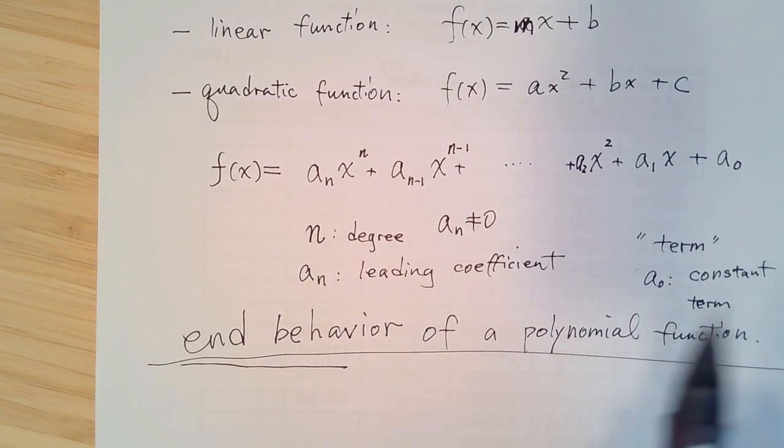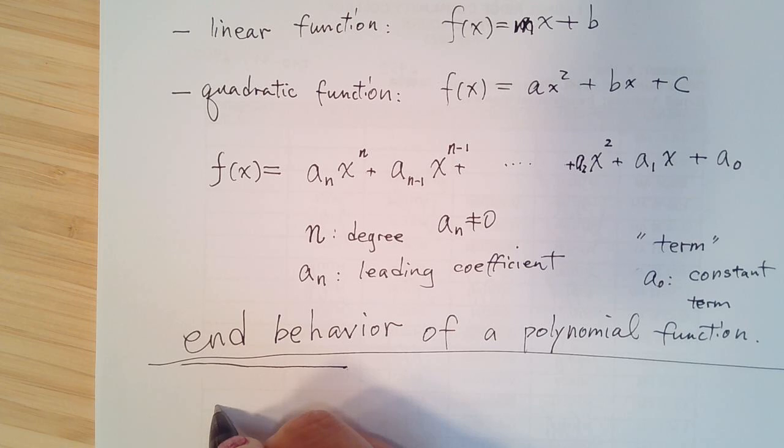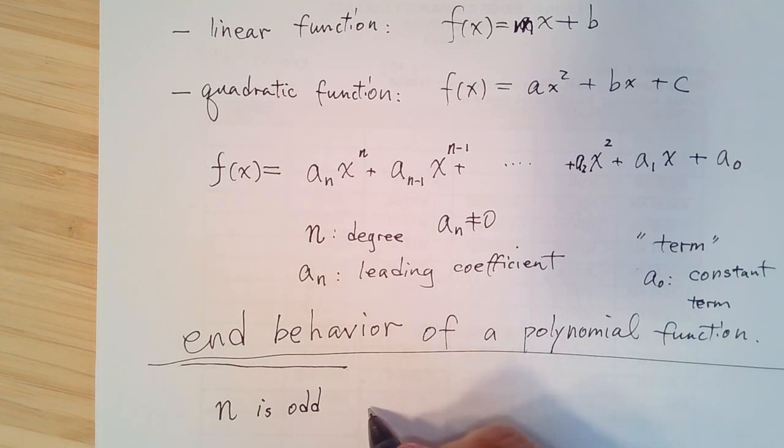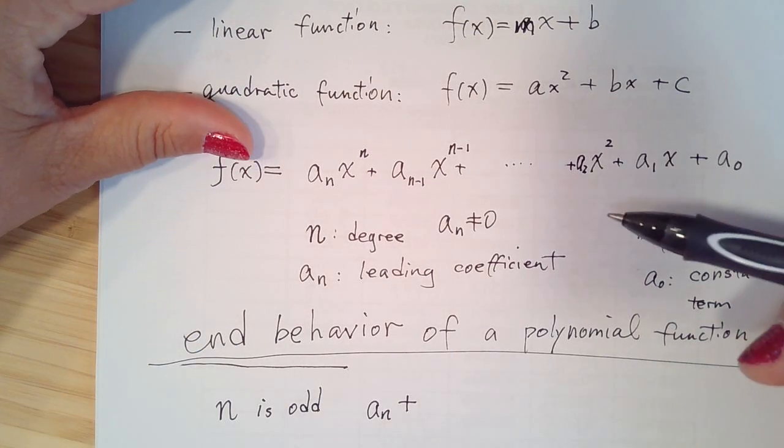So let me say this: if n is odd, that means when n is 1, 3, 5, 7, right? That's an odd number. So when n is odd and a n is positive, think about this.